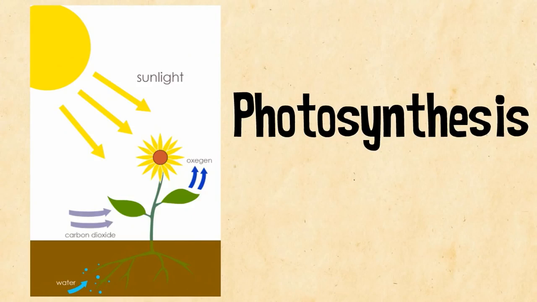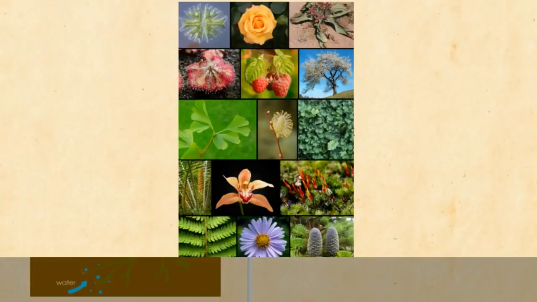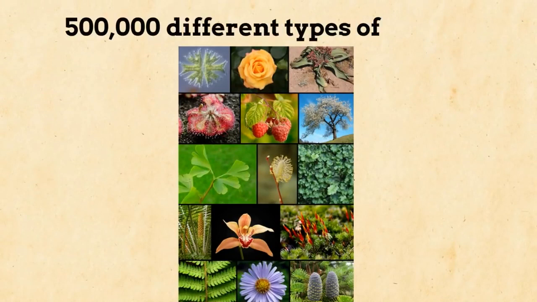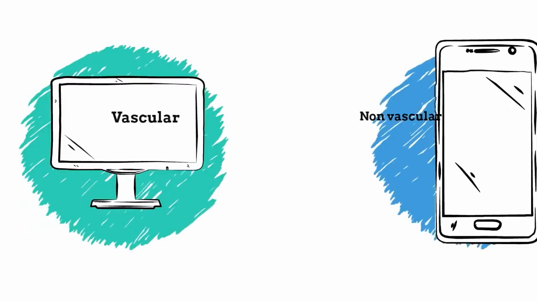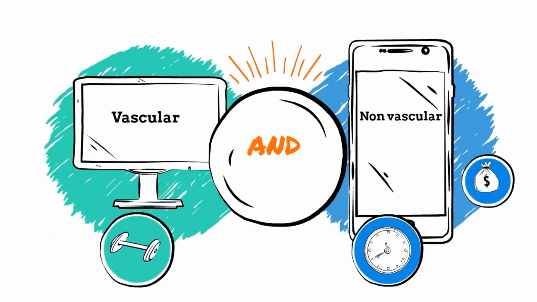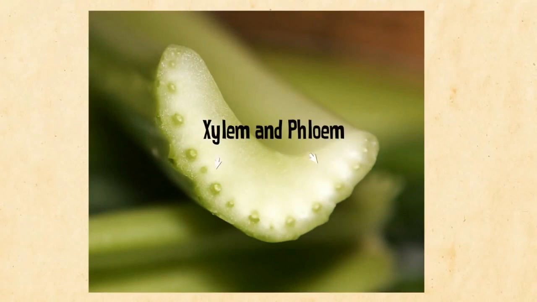There's a very wide range of plants. There are roughly 500,000 species of plants on Earth. 2 major categories are vascular and non-vascular plants. Vascular plants have vascular tissue, which allows them to grow larger in size. There are 2 types of vascular tissue: xylem, which transports water throughout the plant, and phloem, which transports sugar throughout the plant.